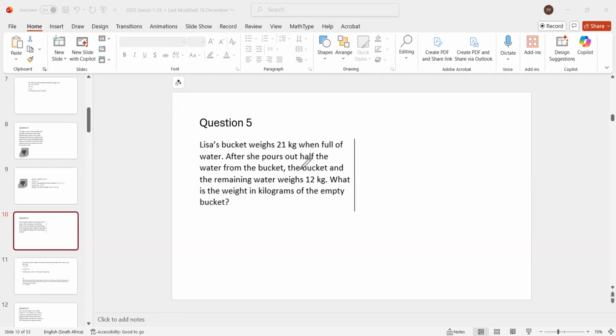Then she pours out half the water from the bucket. The bucket and the remaining water weigh 12 kilograms. Now, what is the weight in kilograms of the empty bucket? Okay, so you need to calculate the weight of the bucket. So let's call the weight of the bucket B.